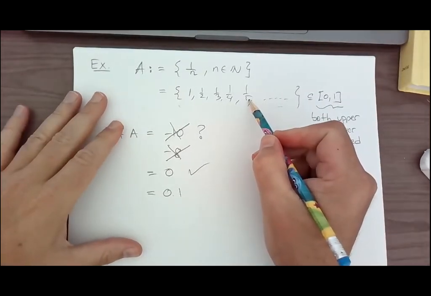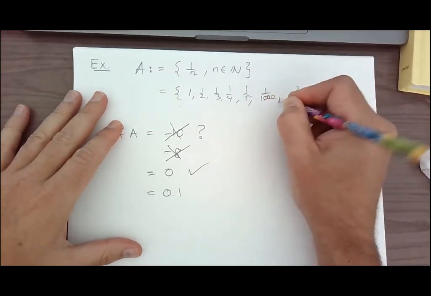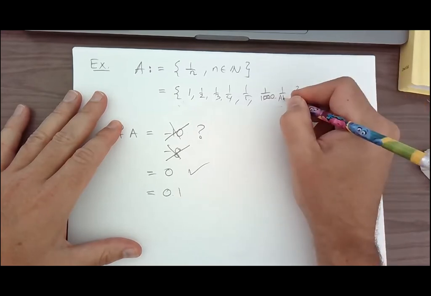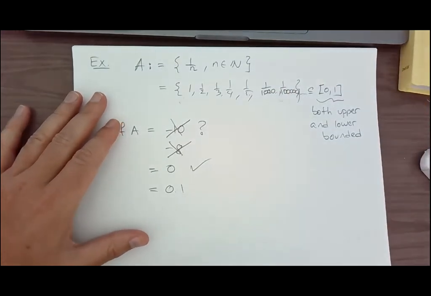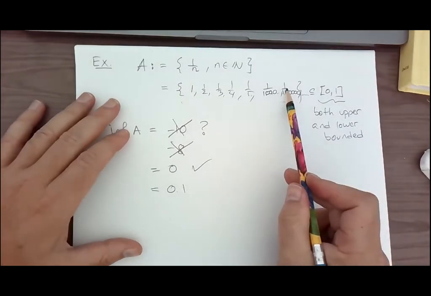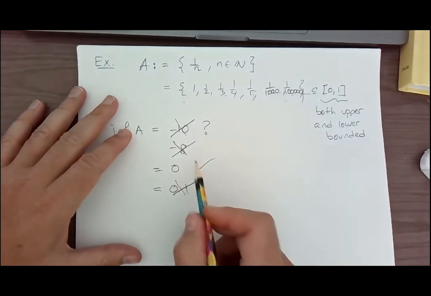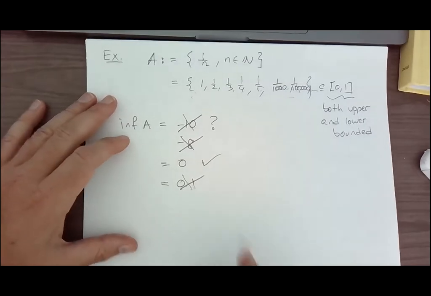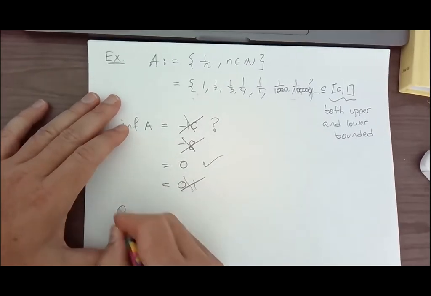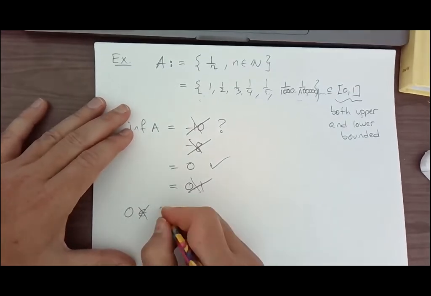At some point I'm going to get past 1 over 1,000, past 1 over a million, and it keeps going. At some point this number is going to be very, very small, and 0.1 would not be a lower bound. So this one doesn't work. 0 is our winner. And we should just note that 0 here does not belong to A.